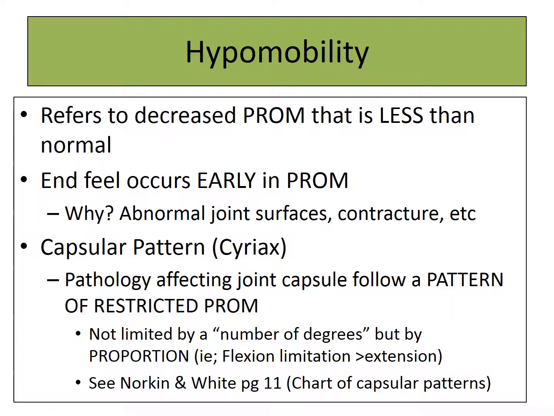It is not necessarily a certain number of degrees, but they are going to be limited more in flexion than extension. Each joint has been mapped out with a pattern, and you see that in your textbook by Norkin and White on page 11, which shows all of the capsular patterns. We will discuss in class which of these patterns are important for you to know and remember.